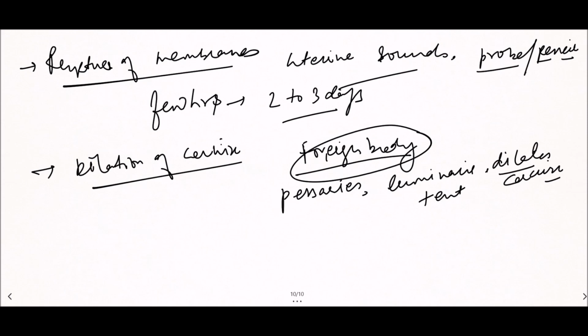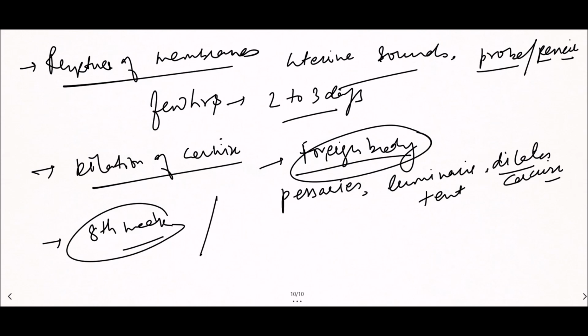Now, this method, the insertion of a foreign body, is usually done after the eighth week of pregnancy, in nulliparous women especially, and in cases with a rigid cervix. If the cervix is rigid, then only it is used.